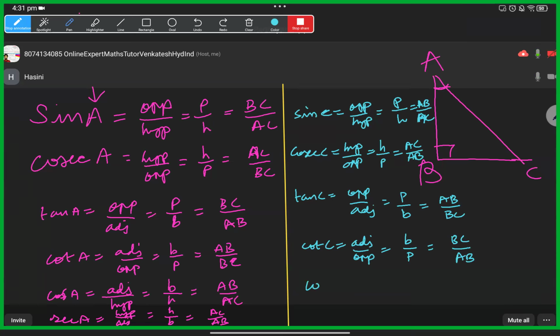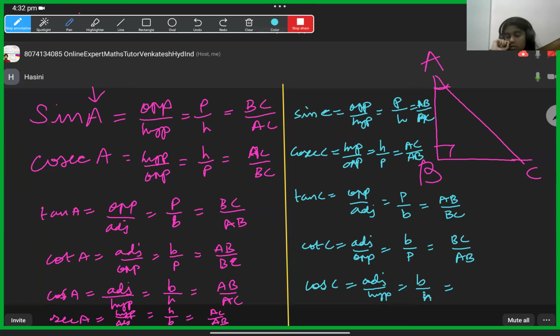And finally, cos C, which is adjacent by hypotenuse, or base by hypotenuse, which is equal to BC by AC. Correct.